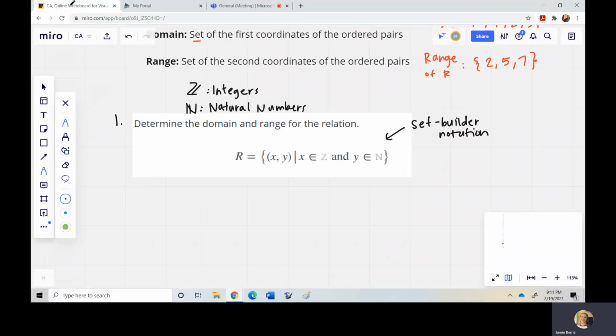And this little symbol here means is an element of. A few symbols there that you may not have seen before. And this long straight line, when we're reading it out loud, is read as such that.